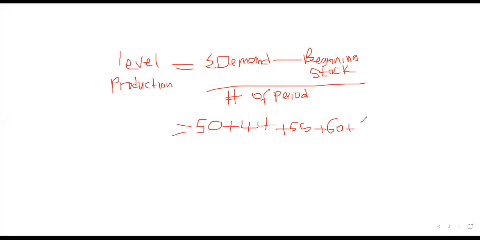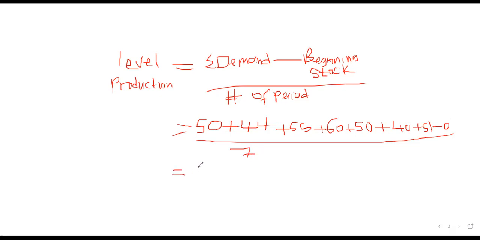The 50, then plus what? The 40, then plus what? The 51, then minus the 0, then you divide by how many? By 7. So it will give us the 350.